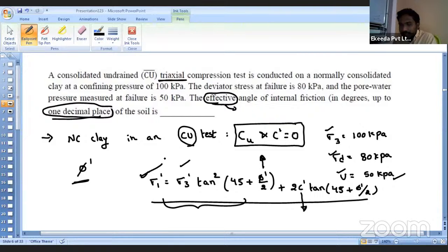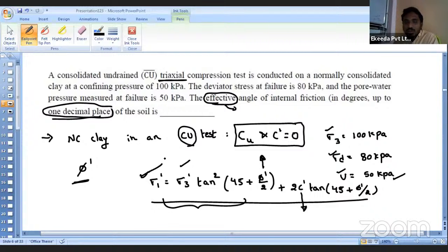The next important thing for questions on the triaxial test is that we should know what type of test we are conducting, whether consolidated drained or consolidated undrained. We have three different types of tests.